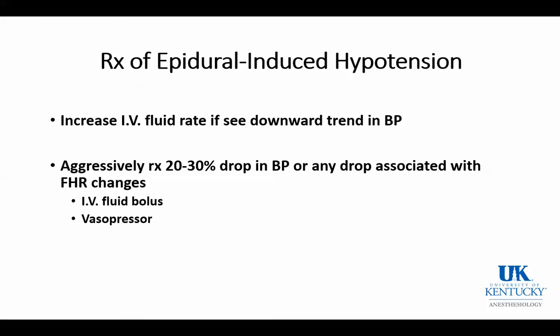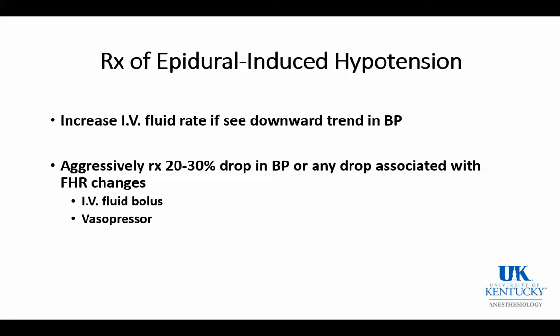Well, first of all, many of us think, oh, I've got to start treating the blood pressure when the systolic gets below about 100. Remember, these patients are starting out at a higher baseline, so you need to know what their baseline was before you get started, and then you want to treat any significant drops from the baseline.